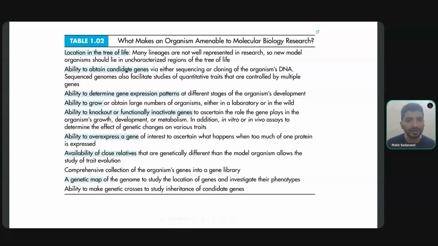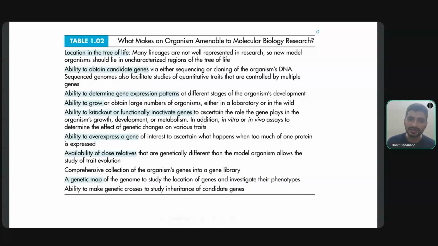And when we are doing this, obviously, we should be able to clone the organism's DNA. We should be able to identify the genes and understand what each gene does by observing the organism's development, being able to knock a few genes out and then seeing what effect it has and such.